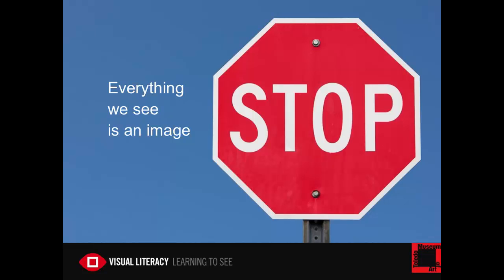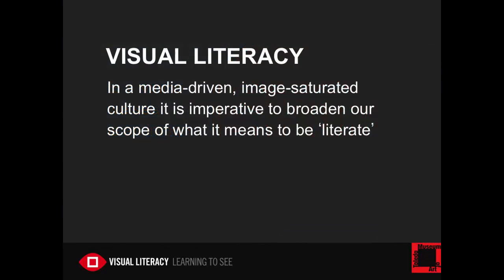So we have to learn how to read images through the process of vision. Now we know that today we live in a media-saturated age, an image-saturated age, where we're taking in images all the time. And we need to broaden what it means to be literate, to read images rather than text as image. So it's more than reading and writing. It's reading the visual world.